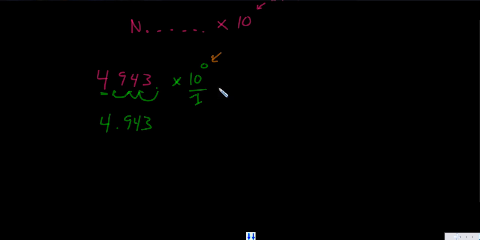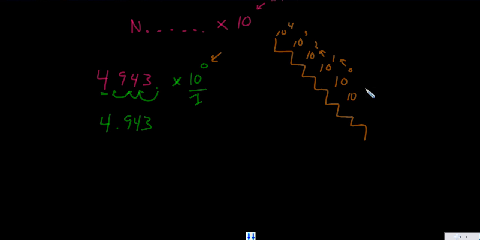You can describe how the exponent changes by seeing this staircase. We start with, say, 10 to the 0, and if we move the decimal to the left, then that 10 to the 0 becomes a 10 to the 1. And if we move it to the left again, it becomes a 10 to the 2, and then a 10 to the 3, and a 10 to the 4, etc. And if we move the decimal to the right, the exponent falls.